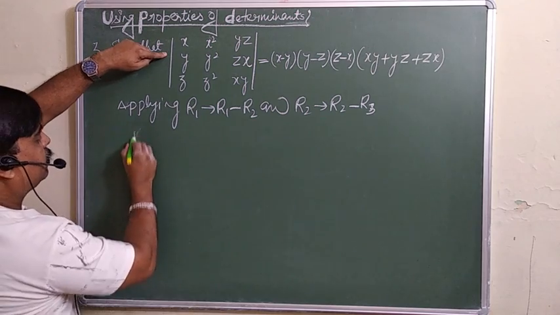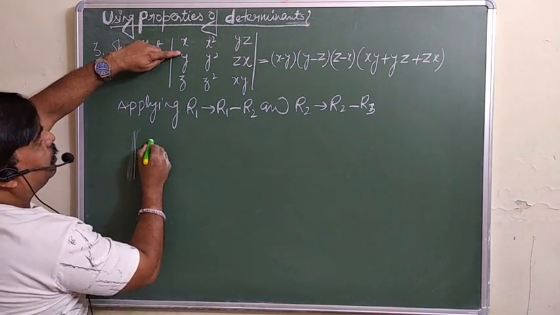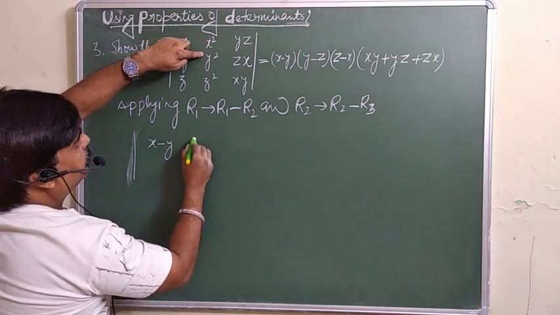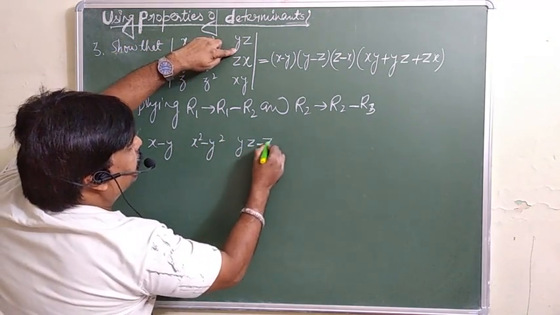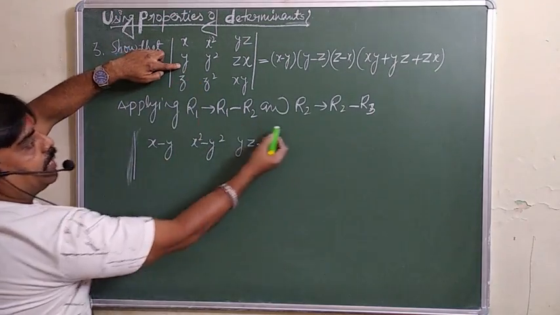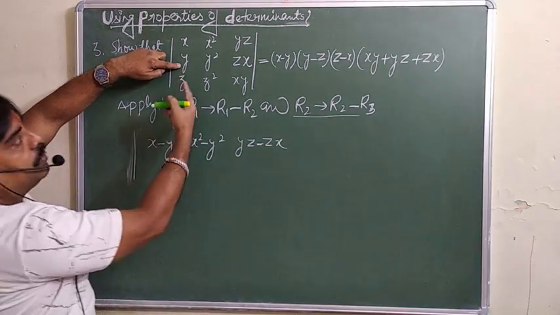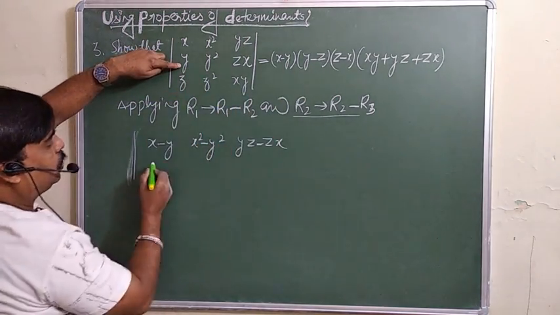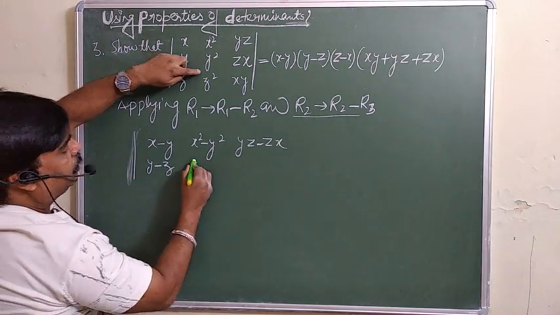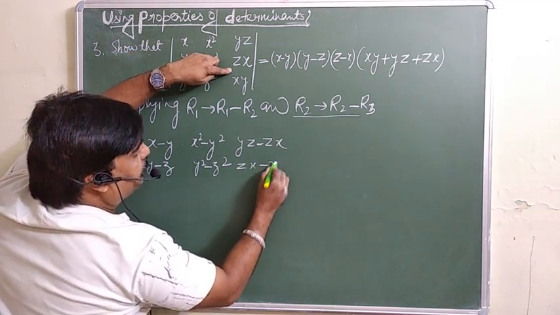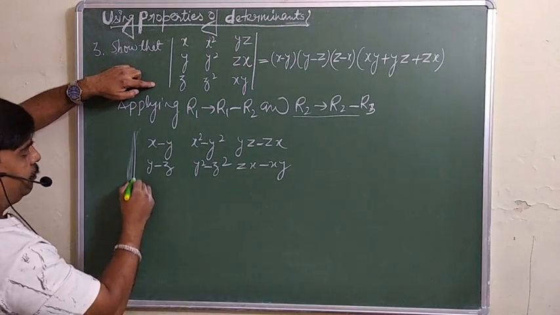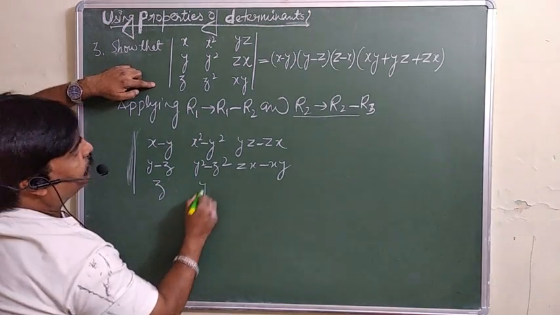Look here: this is your x minus y, this is x square minus y square, and this is yz minus zx. From the second row you are going to subtract the third one. So this is y minus z, y square minus z square, and zx minus xy.